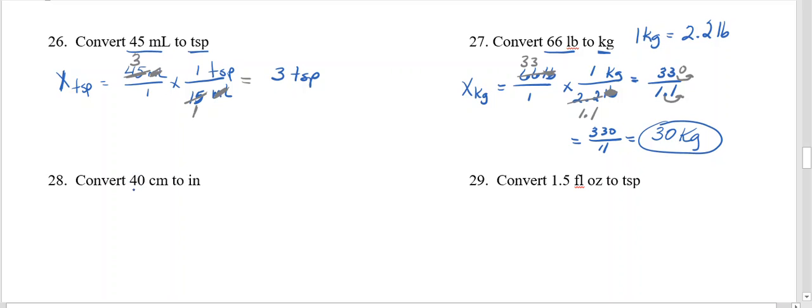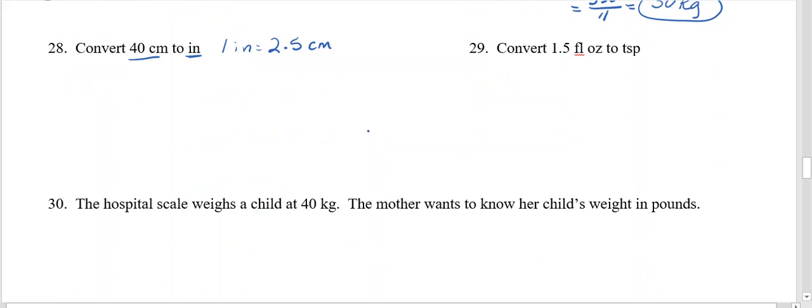So we're going to convert 40 centimeters to inches, and remember, 1 inch is 2.5 centimeters. So to convert 40 centimeters to inches, remember I'm looking for inches. I'm given the 40 centimeters over 1 times my conversion.